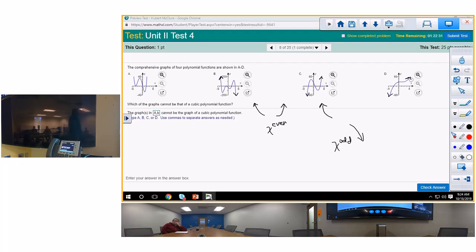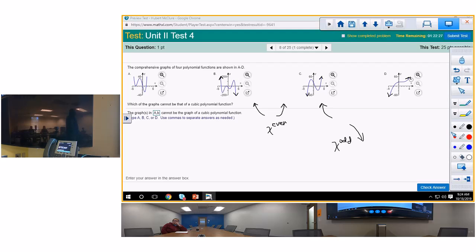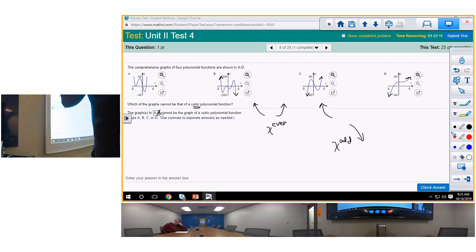Oh, it's because B is negative. Well, that's not what they're asking. They're asking about a cubic function. That is a cubic function. I don't care if it's negative or positive. That's wrong. But we'll check it again and see.